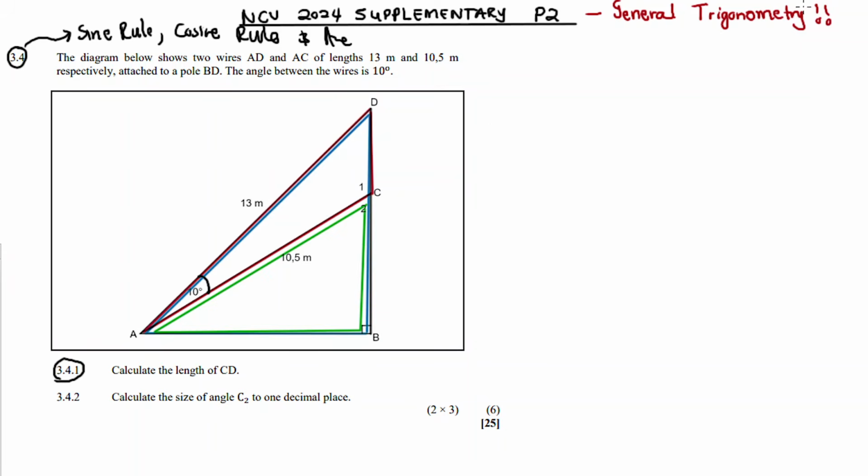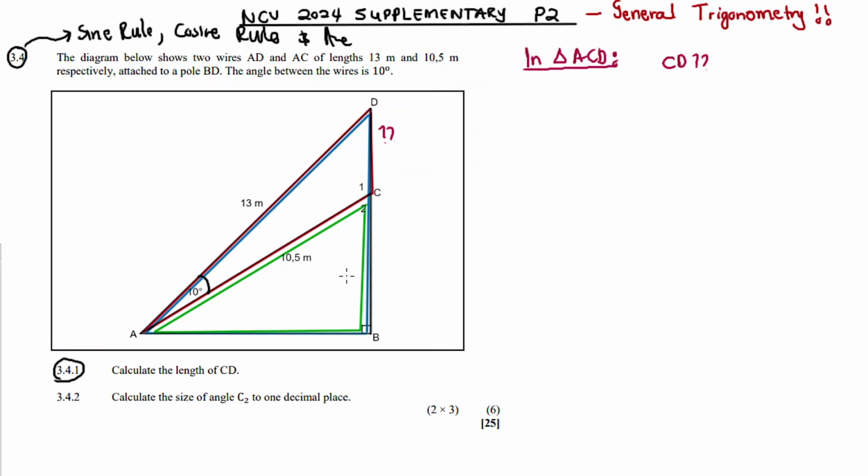Now, to answer this question, where they want us to find the length CD, it means that we will have to use the red triangle to calculate the length CD. So in triangle ACD, we're going to use this triangle to calculate CD.